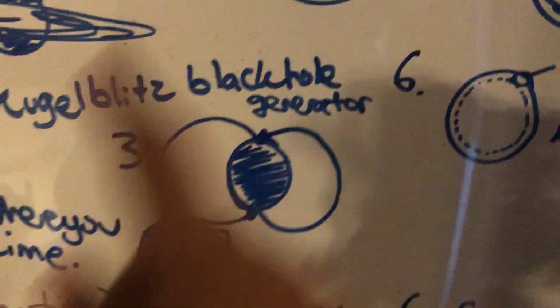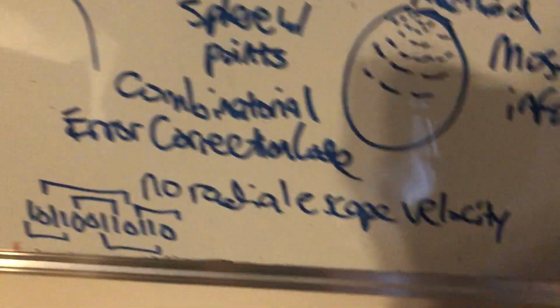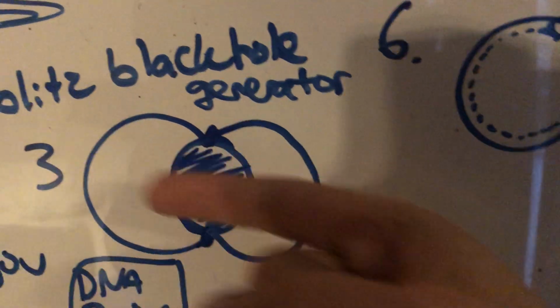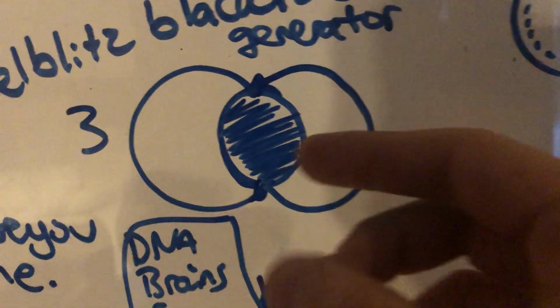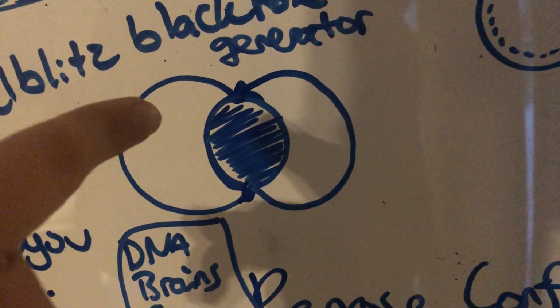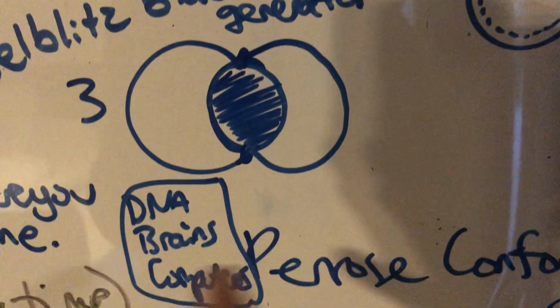They follow these polar functions, like sine, cosine, and they have these kind of flowery shapes. But it basically means that you don't have a radial escape velocity, meaning if you tried to go straight out from the black hole, you're just going to fall in, unless you're going the speed of light. You'll have to follow a path where you accelerate in a way that will let you escape it.